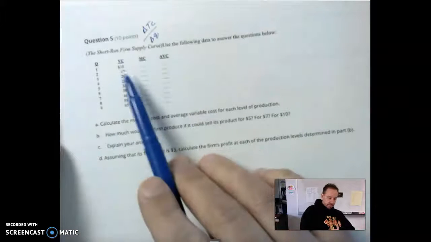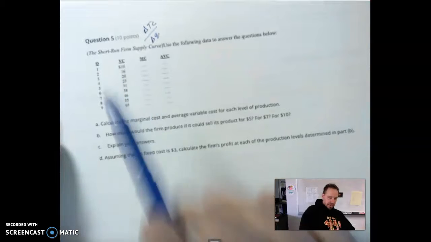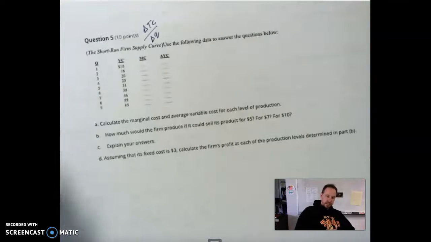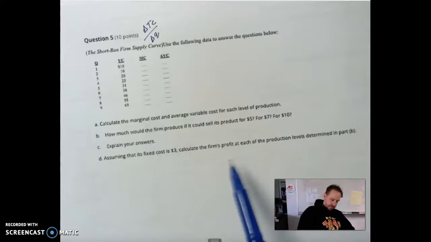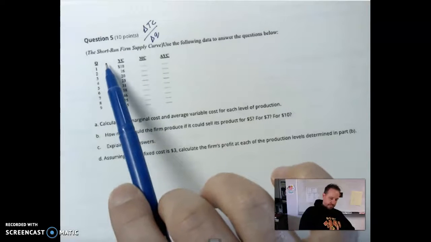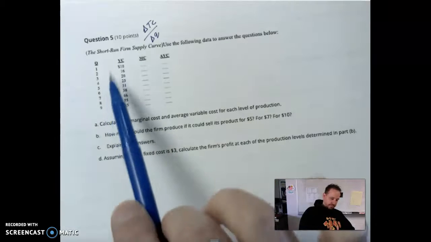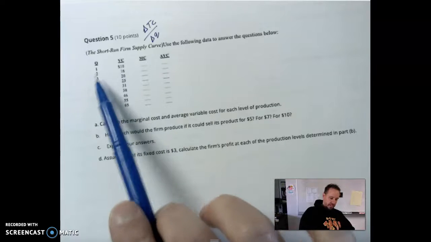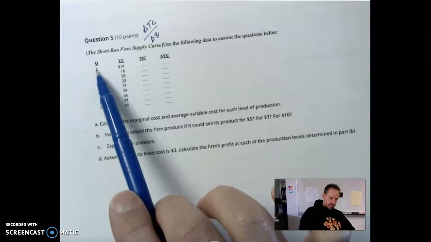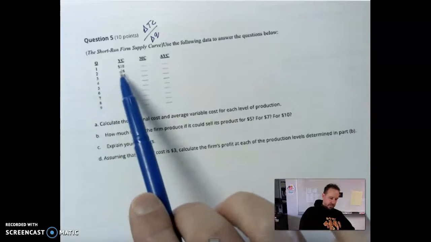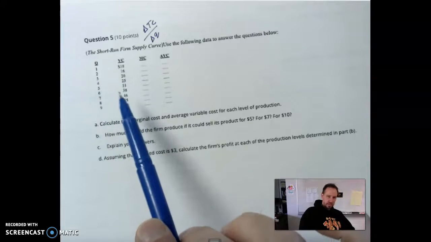Now, your variable costs in this situation are going to represent your change in total costs, because your fixed costs are 3, and you really don't have to put that into the equation, because your variable costs are what's changing as you add quantities. So as you produce 1 unit, your variable costs are going up by 10, going up by 16. So your variable costs are what's going to change your total cost.